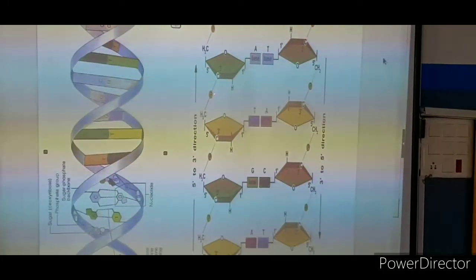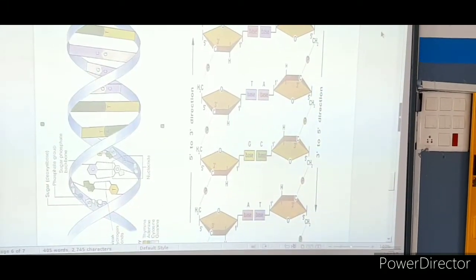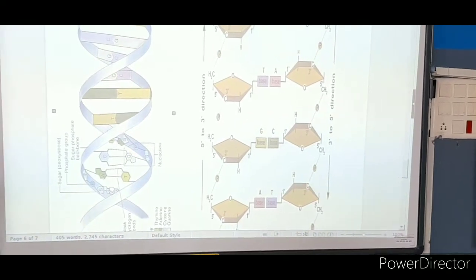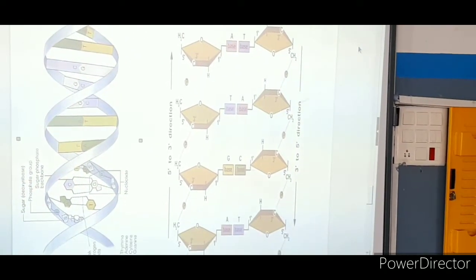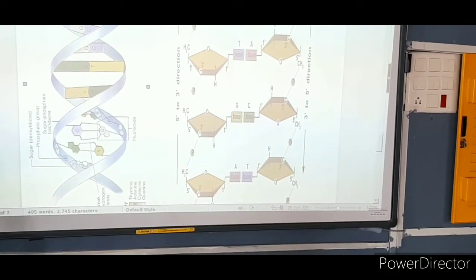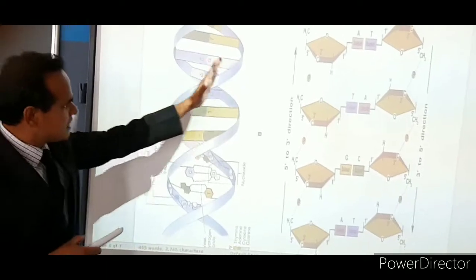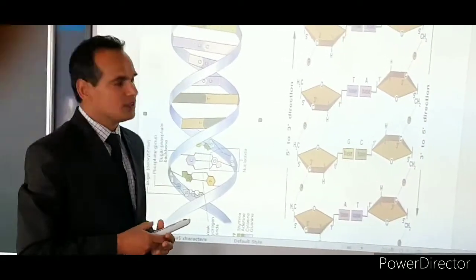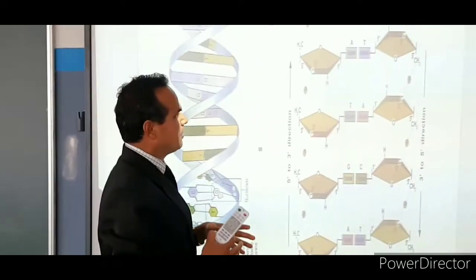Another here: phosphate, sugar, nitrogen base, one nucleotide. Phosphate, sugar, nitrogen base. And on the other side also, phosphate, sugar, nitrogen base, phosphate, sugar, nitrogen base. So what we find here is each strand of DNA is made of what? The repeating nucleotides.